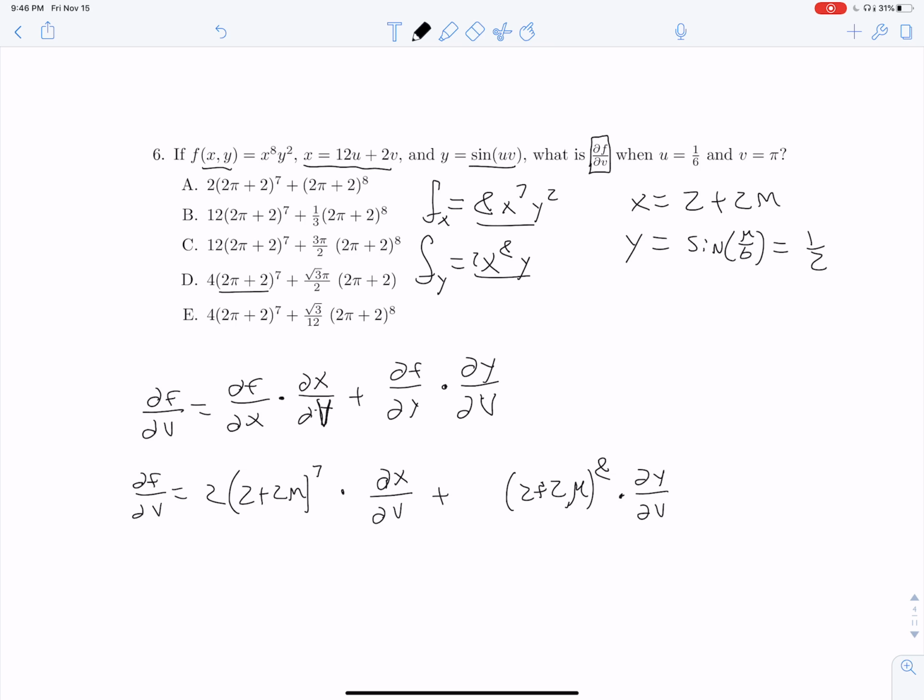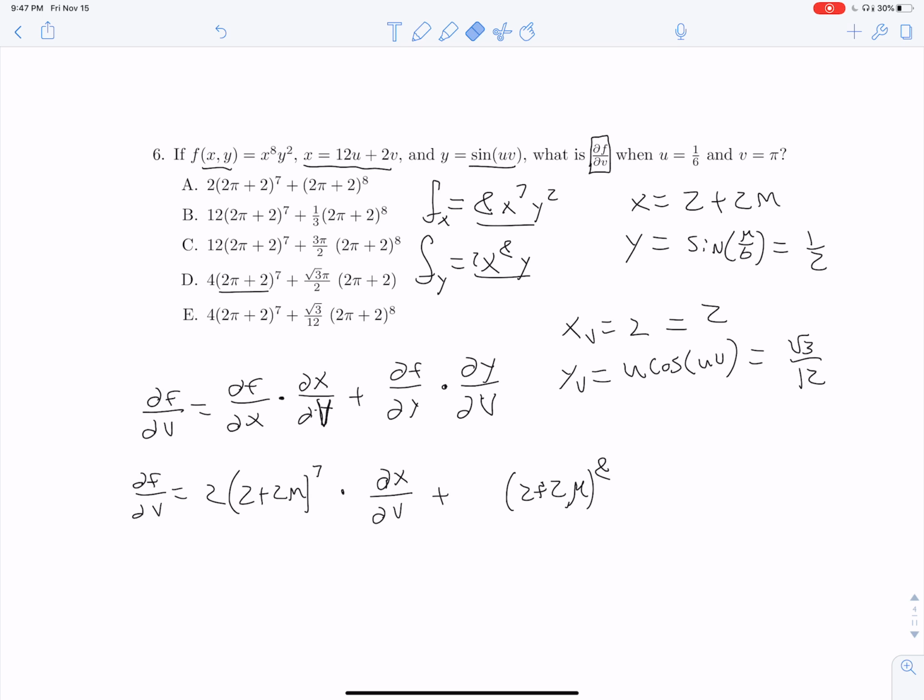Okay, so now we need our partial x partial v, and our partial y partial v. So x_v is just going to be 2, and y_v is going to be u cosine uv. And so plugging in 1/6 and pi is just going to be equal to 2, whereas this over here is going to be root 3 over 12.